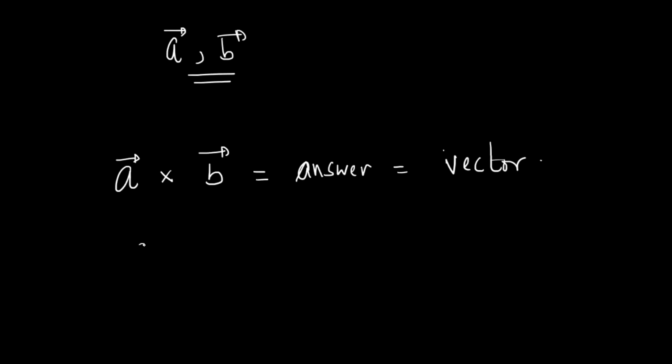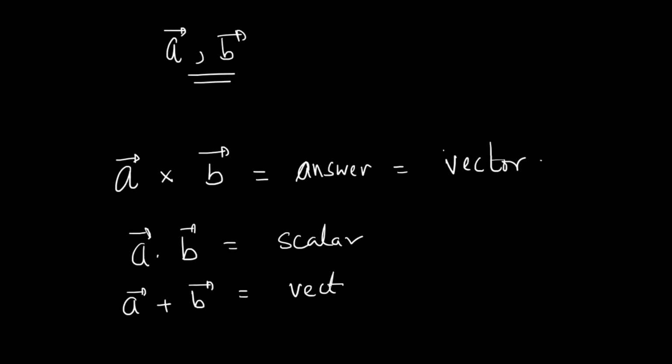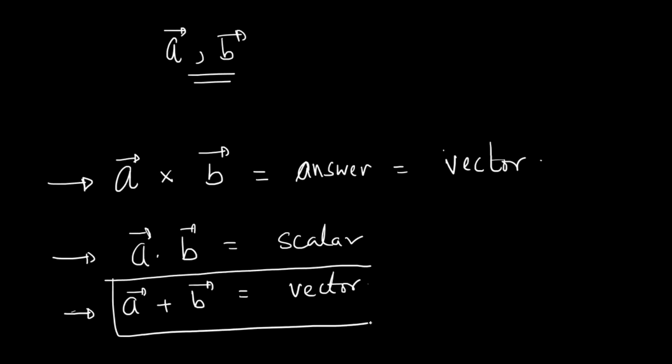Just to remind you again, A dot B, the answer was a scalar, but let's not forget this, here the answer was a vector. So in the process of giving too much importance to these two operations, we should not forget the first operation, which is extremely crucial, and it's a vector.